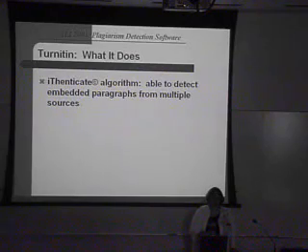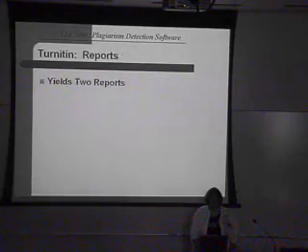And it is known for its authenticate algorithm, which is able to detect embedded paragraphs from multiple sources. It makes a fingerprint of the student paper that you have submitted and runs it against the databases.